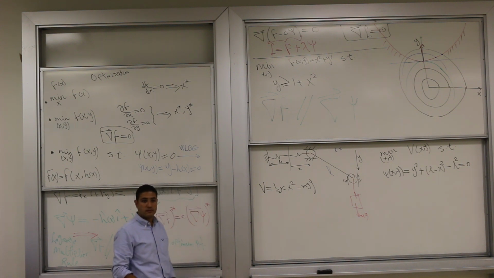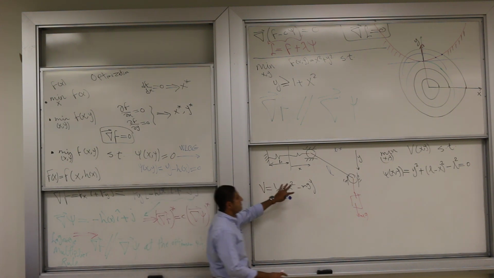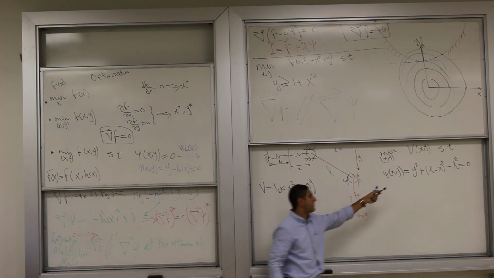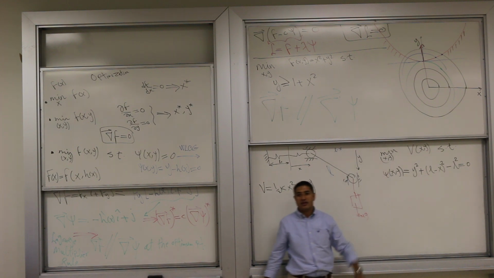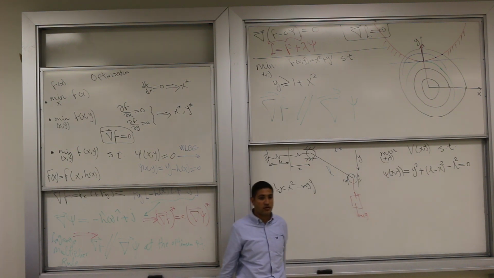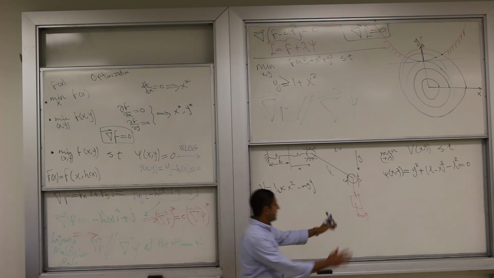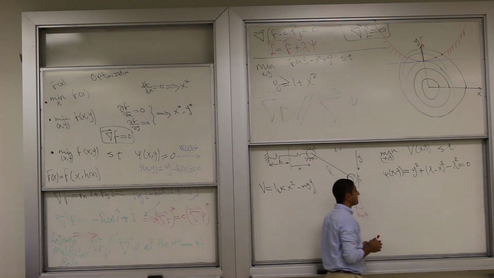Correct? So this is a mechanics problem, but now it's a pure optimization problem. You can have this problem in your 206 or in the prelim of the optimization or whatever, right? It has nothing to do with dynamics now.